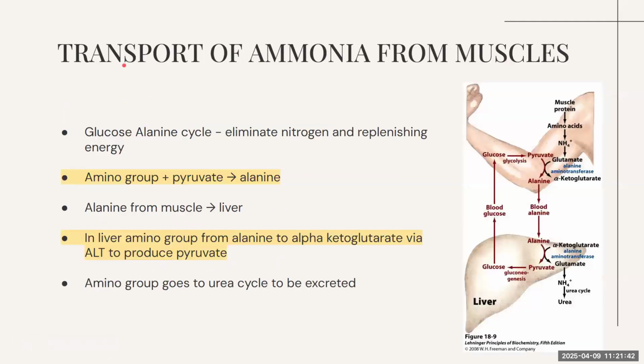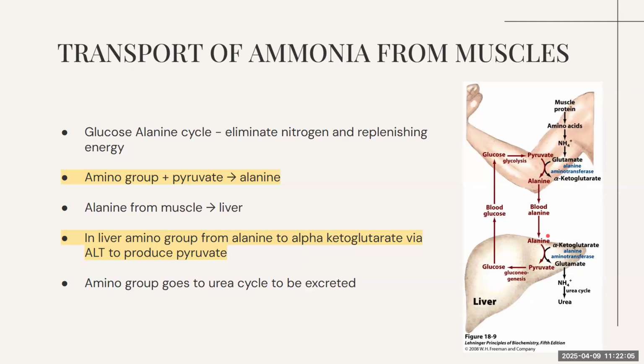Transport of ammonia from muscles. Okay, this is one of the cycles that you need to know, but the bulk of it is that ammonia gets incorporated into glutamate. Okay, so it can carry it. Glutamate, however, can't go around in the blood as is.